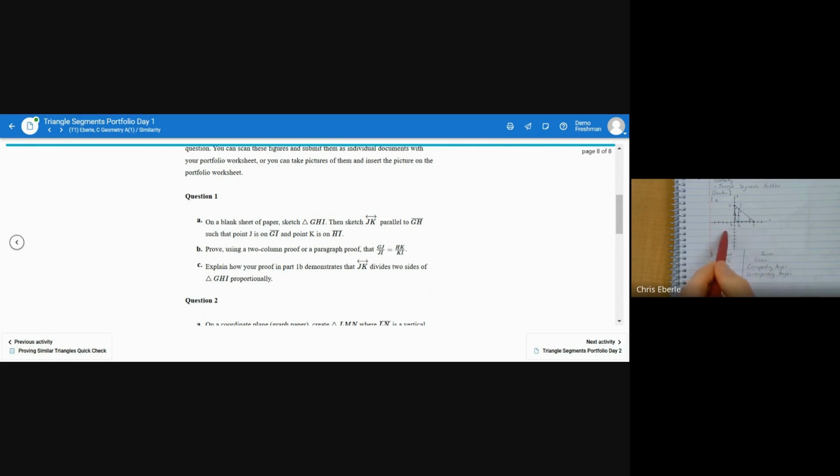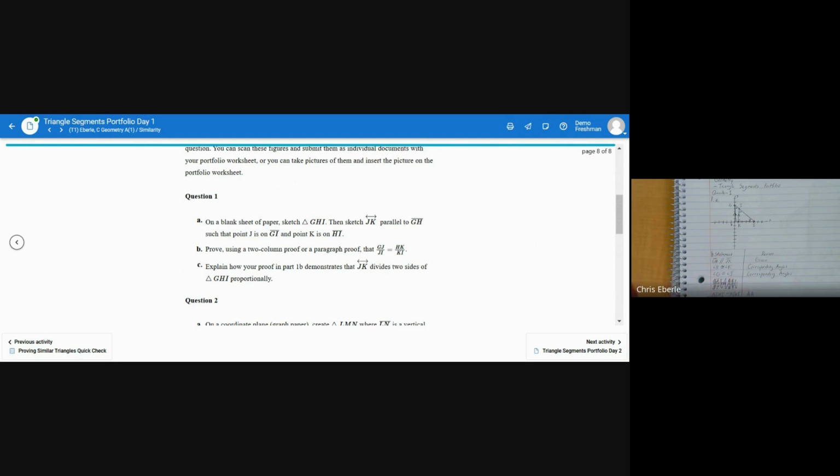So HI is right here. Your triangle doesn't have to look like this, but I find that it's easier just to make it a right triangle and align your values G, H, I as a right triangle on the axes. But again, you don't have to do it this way. It's just an example.